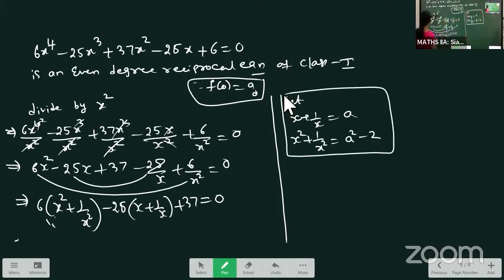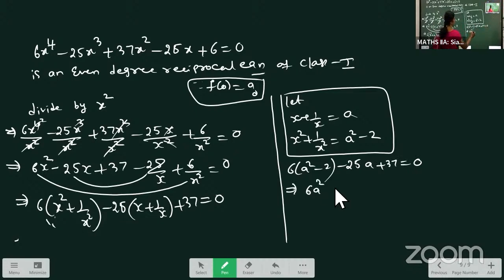Now go to the equation and simplify. 6 into a square minus 2 minus 25a plus 37 is equals to 0. Simplify. 6a square minus 12 minus 25a plus 37 is equals to 0.